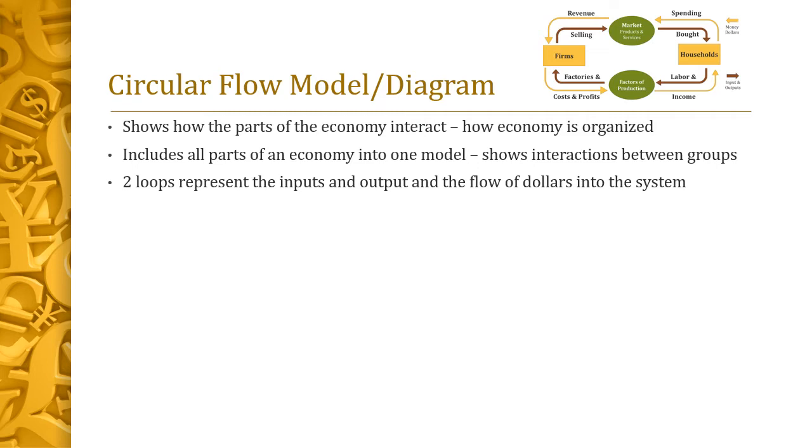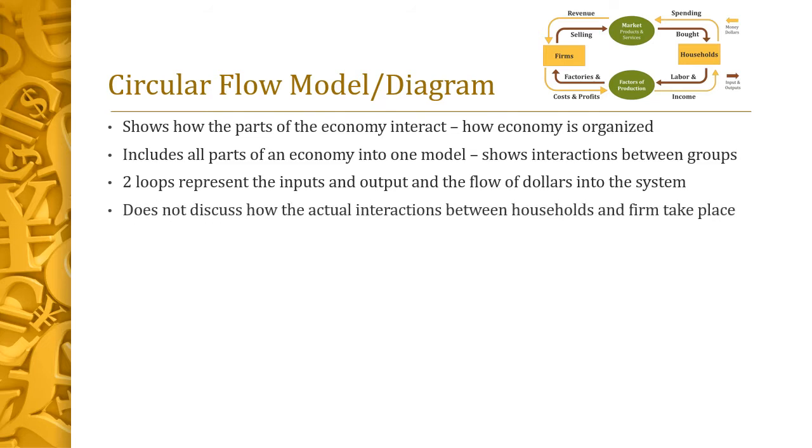Now, I'd also expect to see questions that actually talk about how the interactions occur as far as the flow, such as income that flows from the firm to the household, but it flows through the factors of production. So what types of items flow from the firm through the factors of production to the households?